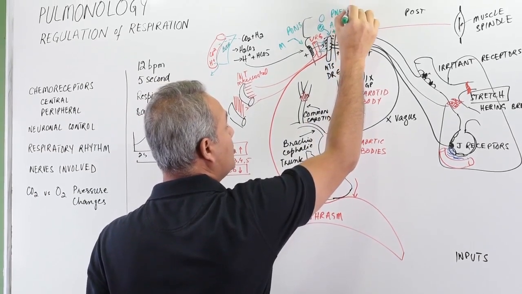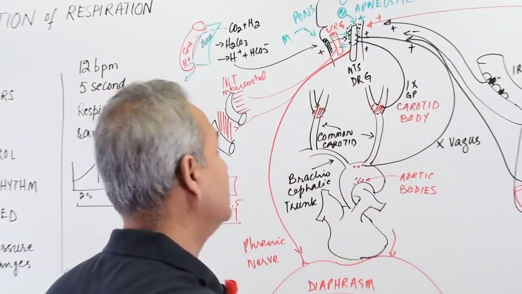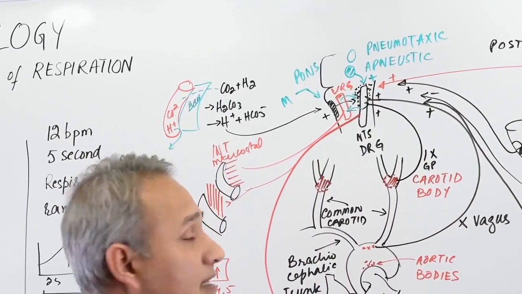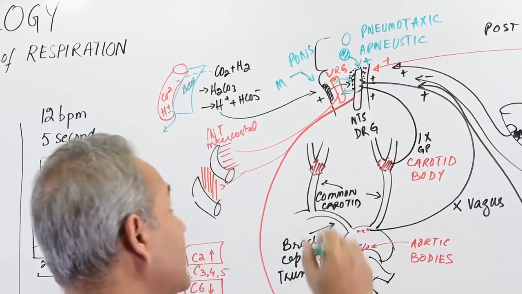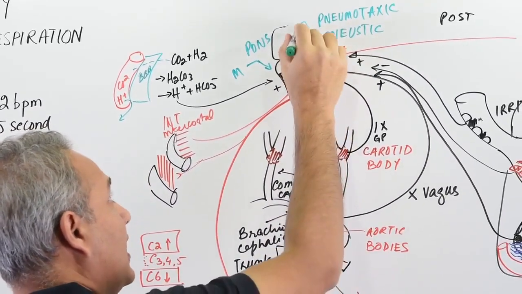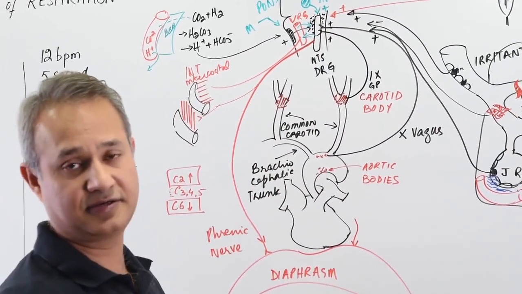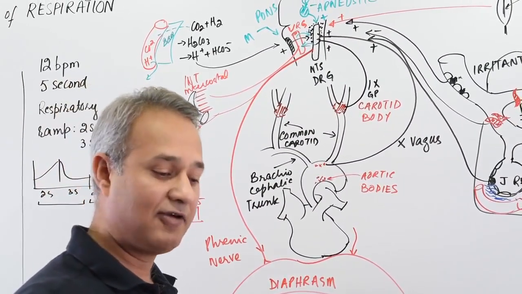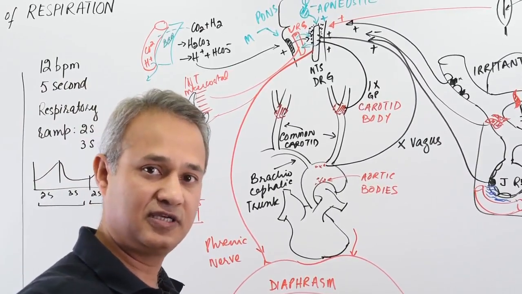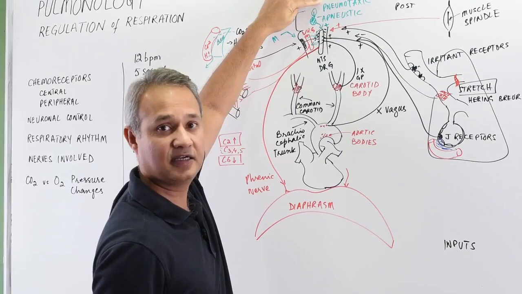This is pneumotaxic. Pneumo means breathing air, taxic means movement. The pneumotaxic center is the center in the rostral pons, and it inhibits the apneustic center. So if I want to have rapid shallow breathing, this is happening with the pneumotaxic center.